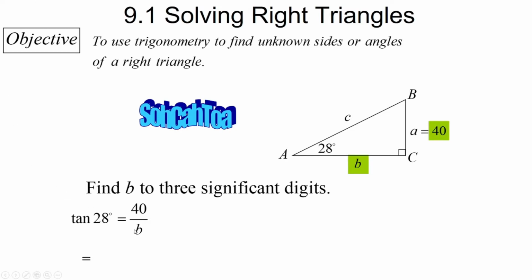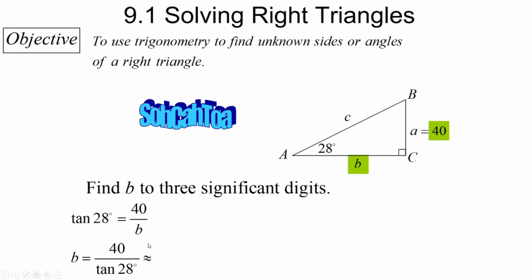I'm going to multiply both sides by B, and then this is now B times tangent of 28 degrees, but we have to undo that multiplication by tangent of 28 degrees. So on the other side, we're still going to have that 40 in the numerator, but we're dividing by the tangent of 28. And there you go.